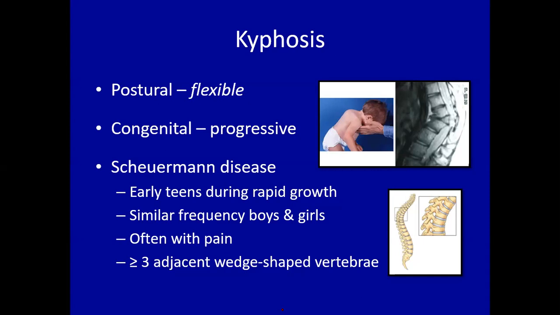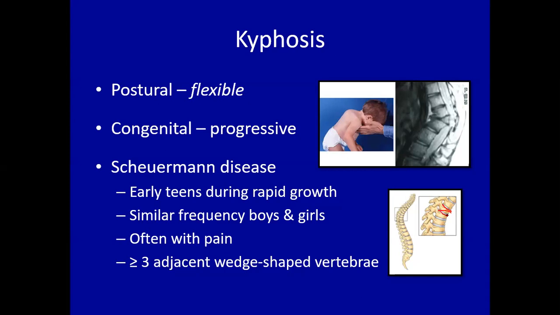But there's going to be greater than 3 adjacent wedge-shaped vertebrae, and you can see they've kind of zoomed in on this, but there's 1, 2, 3, and these are not normal vertebrae.